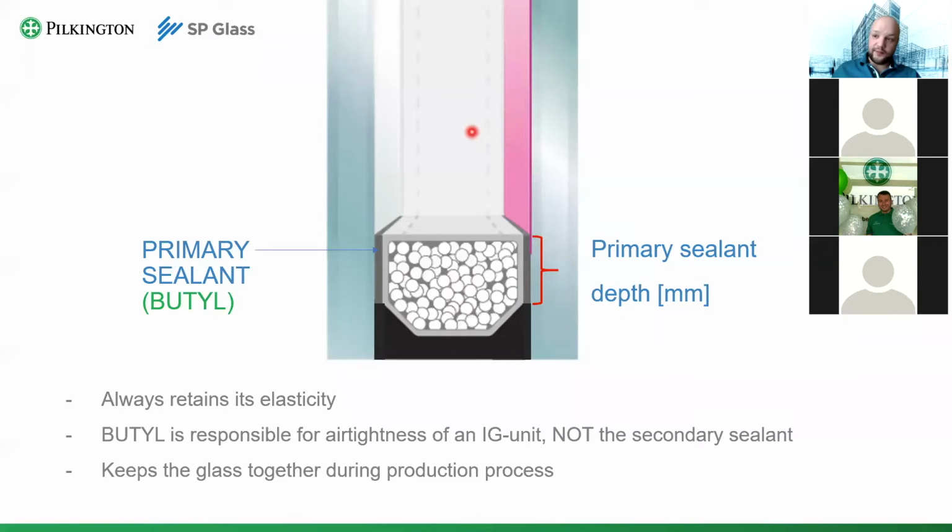If the IG unit gets heated up, then the gas expands and the glass bends. Alternatively, the volume of gas can shrink if it gets into cold conditions. So depending on the temperature, the glass is moving, everything is moving. So primary sealant, butyl, has to be elastic all the time.